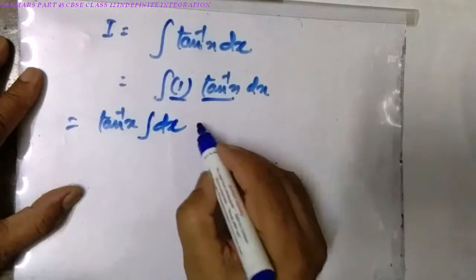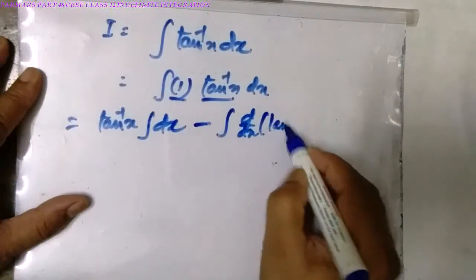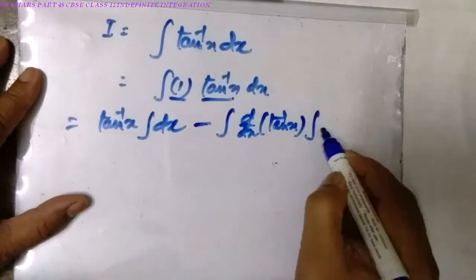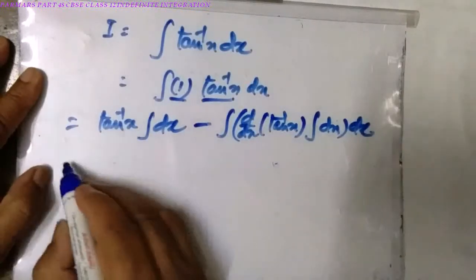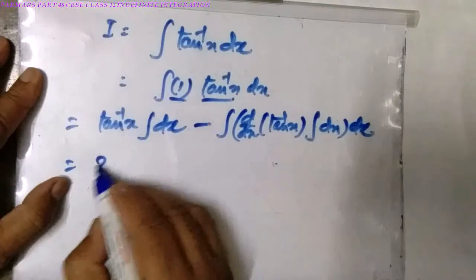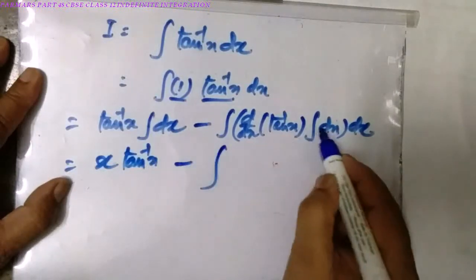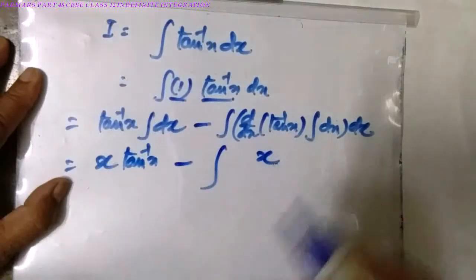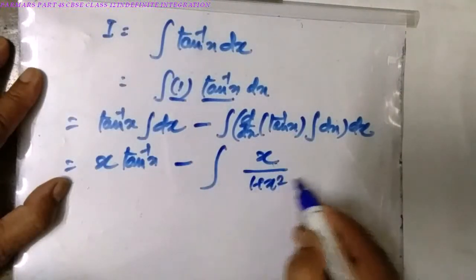In place of 1, dx, minus d/dx of tan inverse x times the integration of dx, and then the whole dx. What do we have? Integration of dx is x. So x tan inverse x minus the integration of x times d/dx of tan inverse x, which is 1 by 1 plus x square.